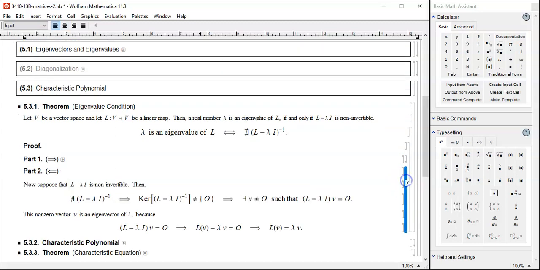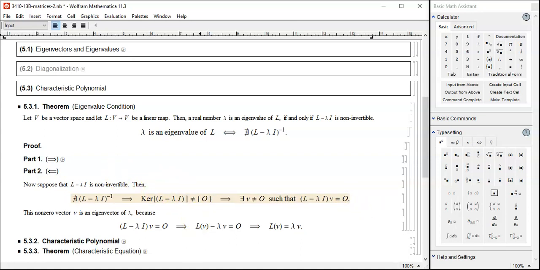Okay, here's the elegant form of the answer. Let's suppose L minus lambda I is non-invertible. Therefore, the kernel is non-zero. So what do you mean by kernel is non-zero? There is something other than 0, like v, other than the 0 vector, so that v times this is 0. Ooh, actually there's a typo here.